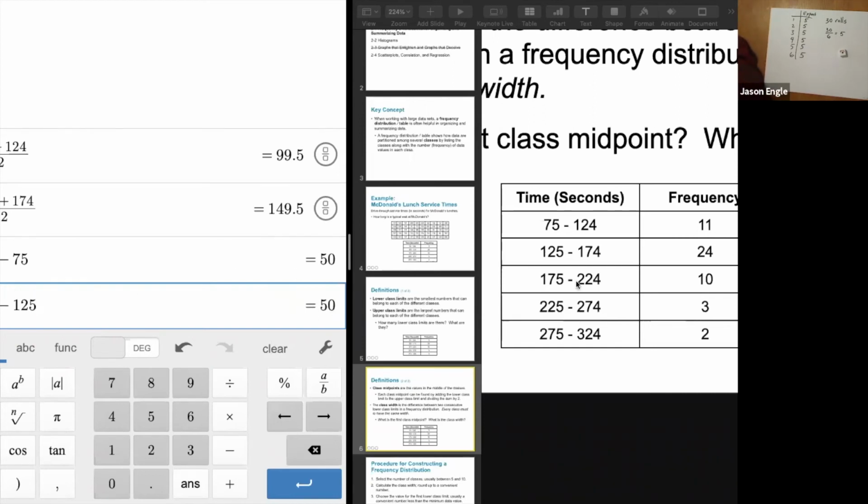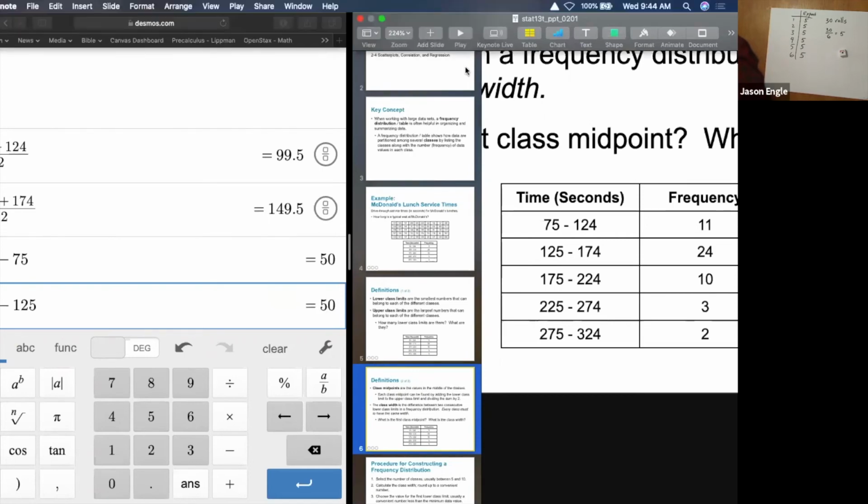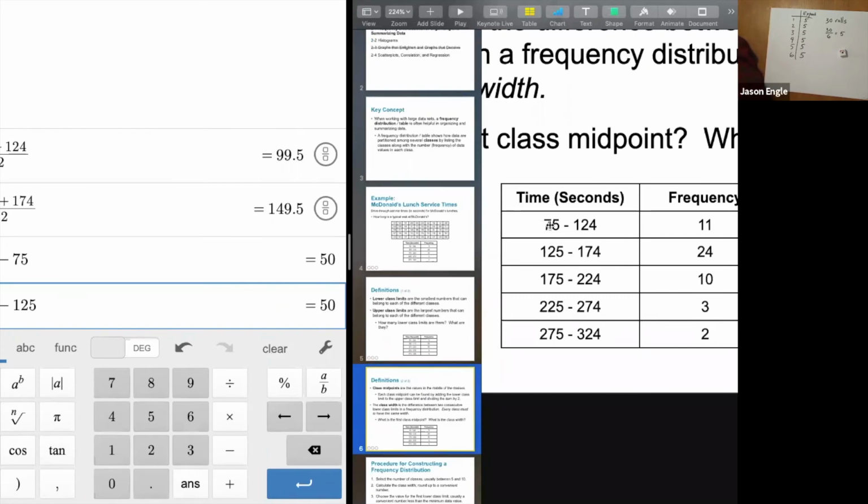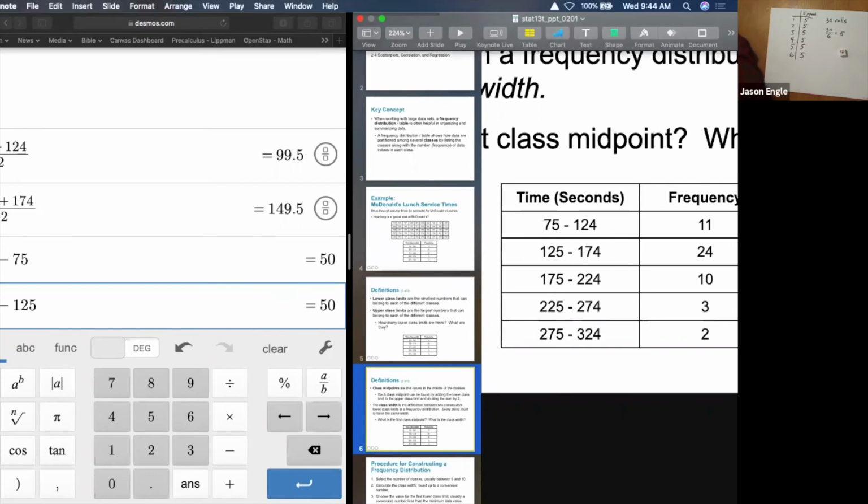Now, one thing that's important is that whenever you're doing this, all the classes must have the same class width.